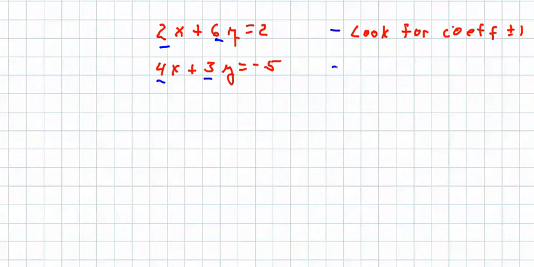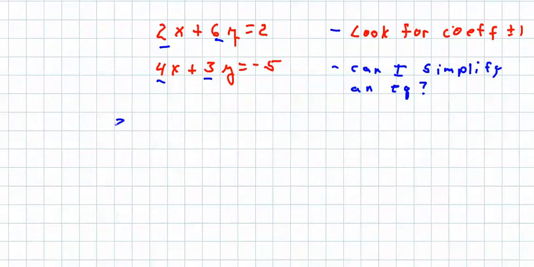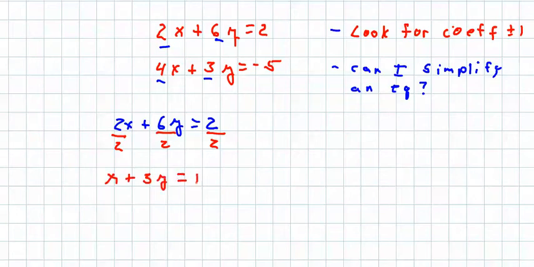So can I simplify an equation? I see that in the first equation, 2x plus 6y equals 2, all of these numbers are divisible by 2. Dividing by 2, 2, and 2 gives me x plus 3y equals 1.